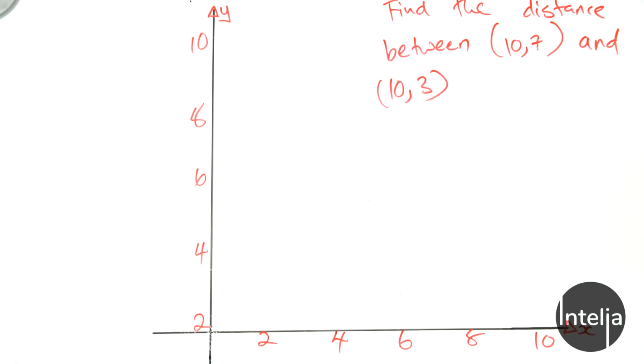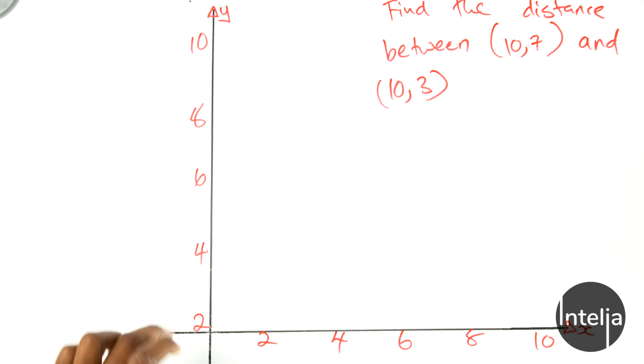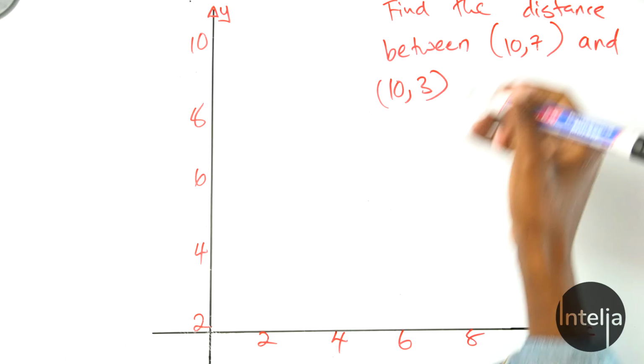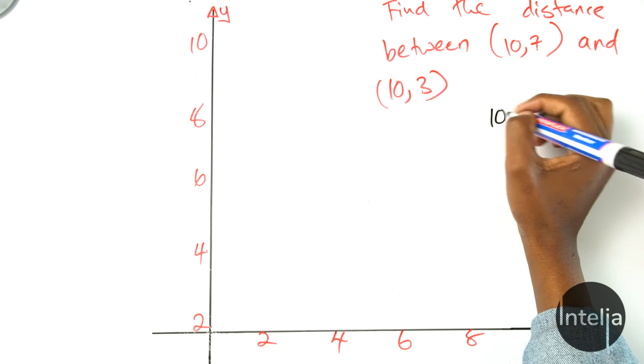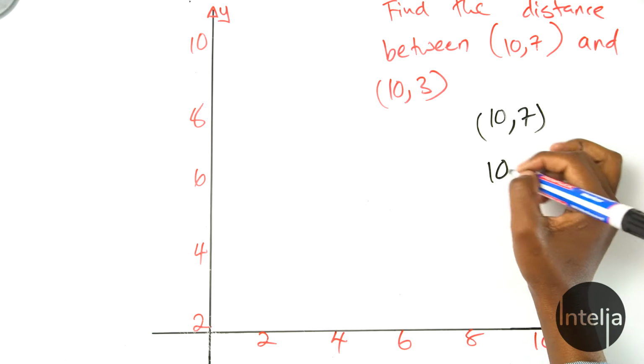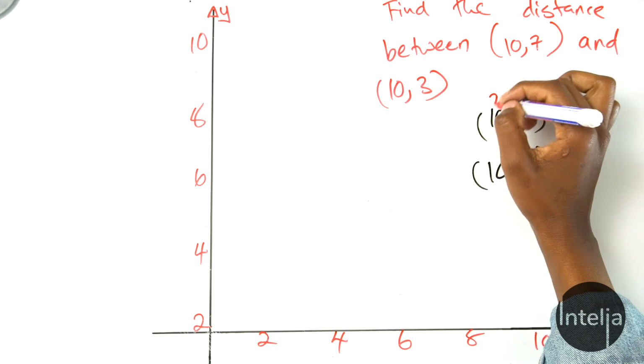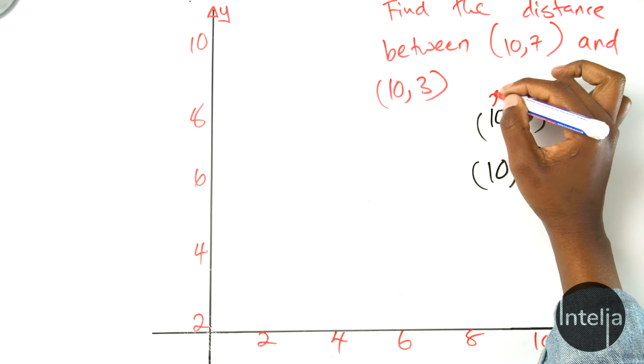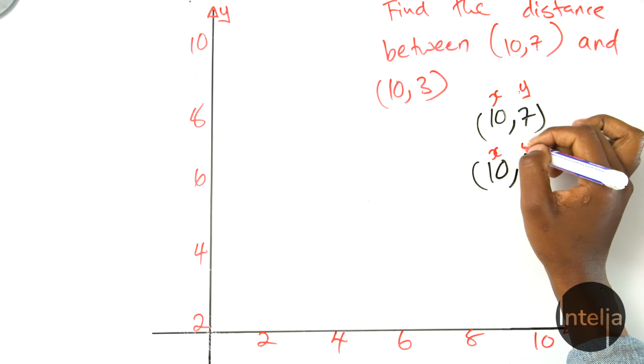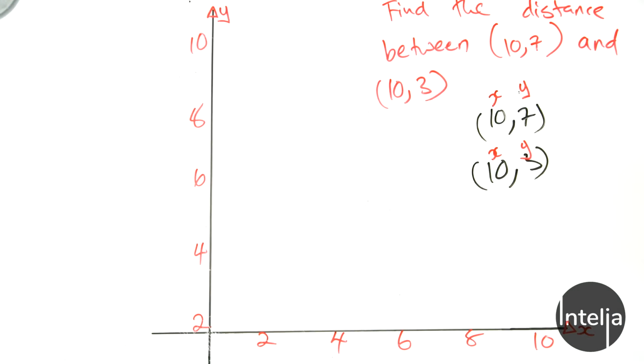I have my question here which says find the distance between (10, 7) and (10, 3). A graph has the y-axis, which is vertical, and the x-axis, which is horizontal.